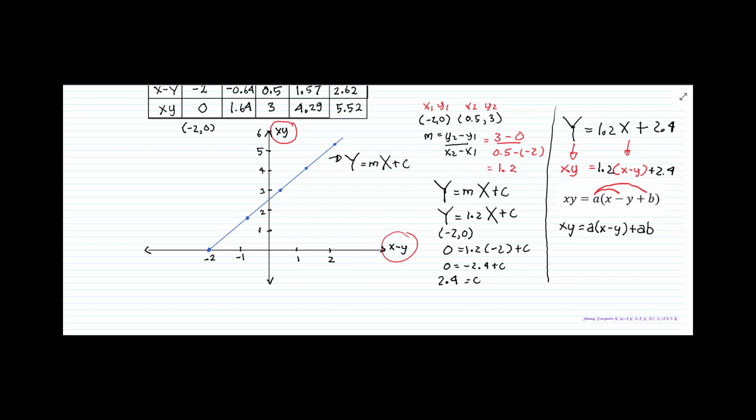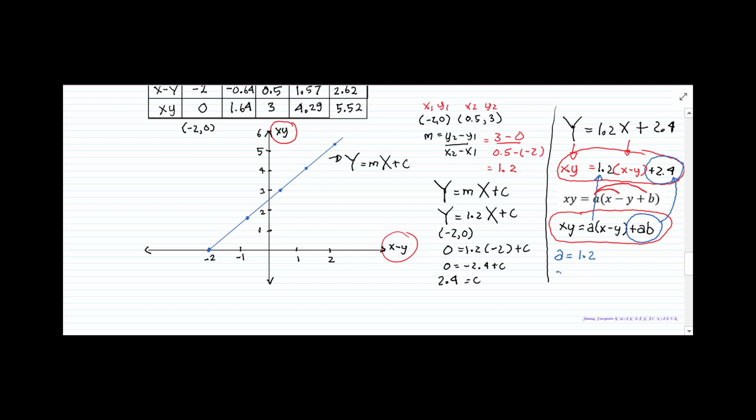Okay, now look at this expression and this expression. It's exactly the same. Now I can conclude that A equals 1.2, because the positions are corresponding, and then the AB will correspond with 2.4.